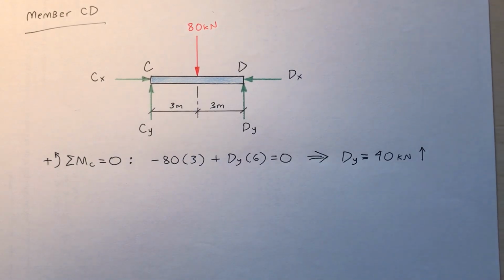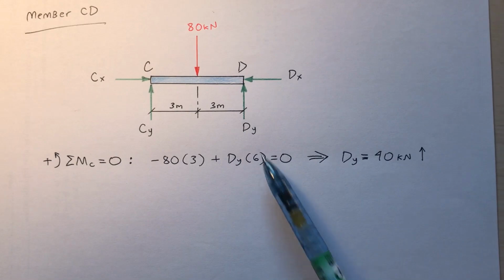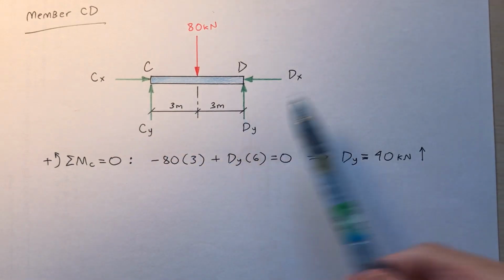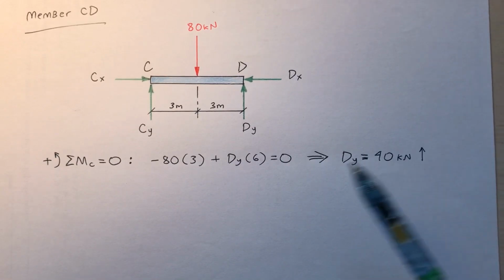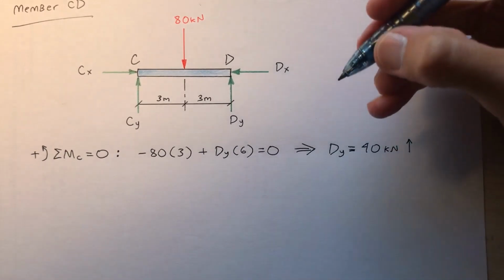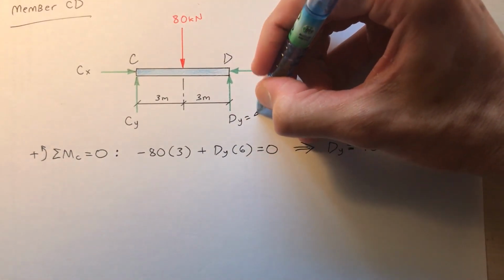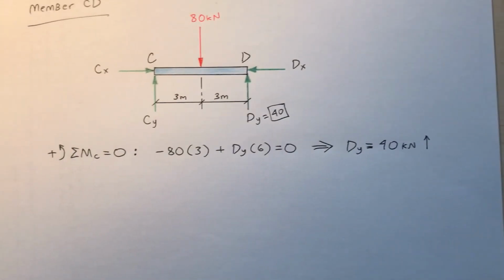3 meters, that's about 10 feet. Plus the D sub y, unknown, times moment arm 6, distance between C and D, 6 meters, about 20 feet. That's equal to 0, so I get D sub y is 40 up. So let me draw that on my figure. 40 kilonewtons going up.